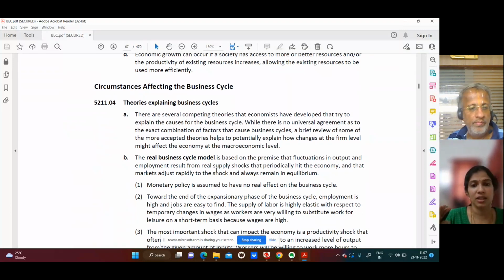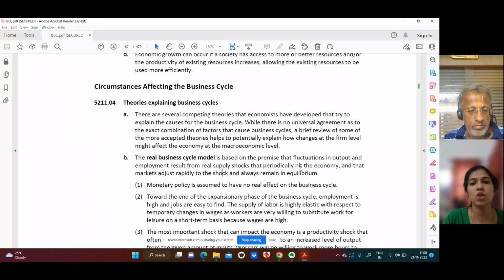So that is the real business cycle model. We are only taking the real variables, real supply factors, real availability of government funding, all that only in this particular model. We are ignoring the ancillary part or the complementing variables in every business.